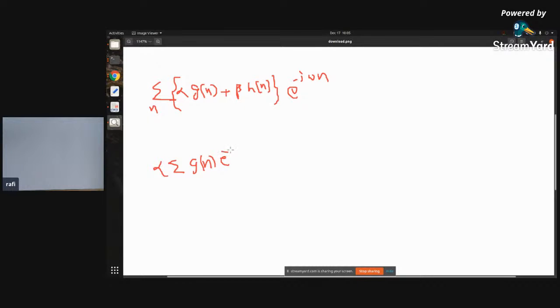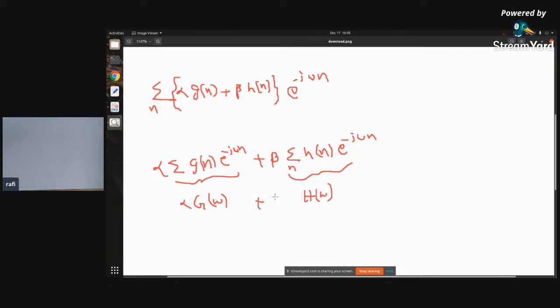Plus, beta is also independent of n, so it will come out, and another summation h of n e power minus j omega n. The first one is G of omega, and this one is H of omega. So alpha into G of omega plus beta into H of omega.